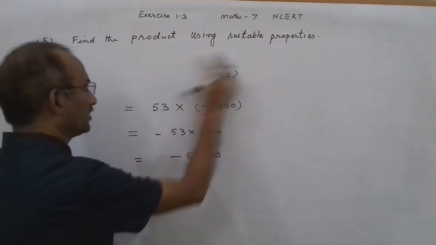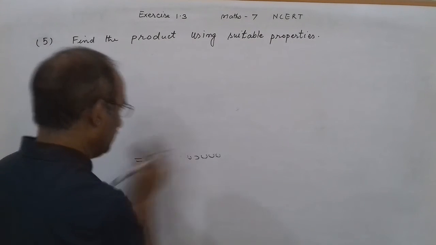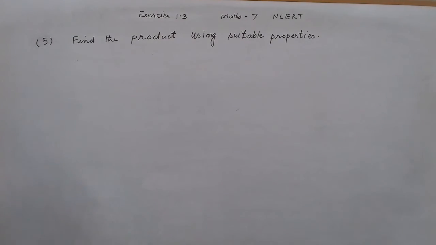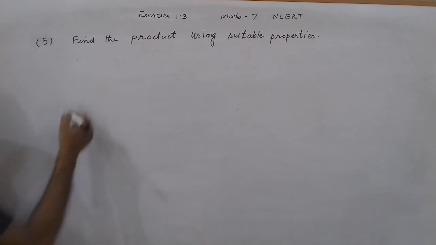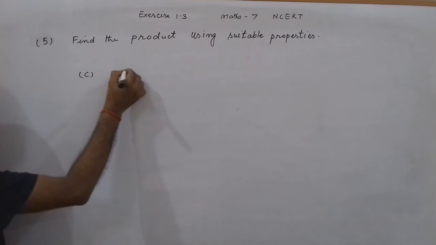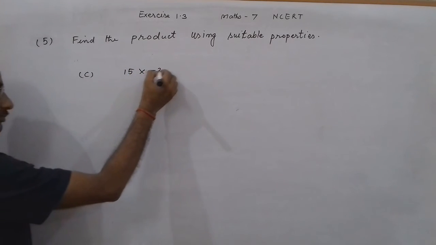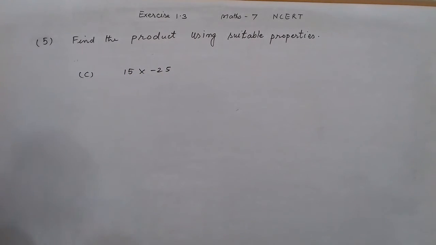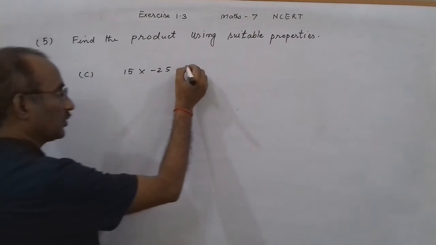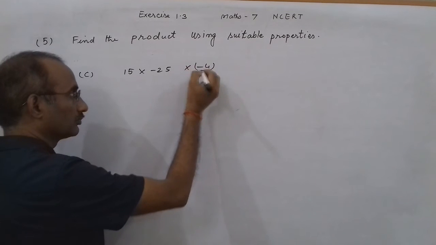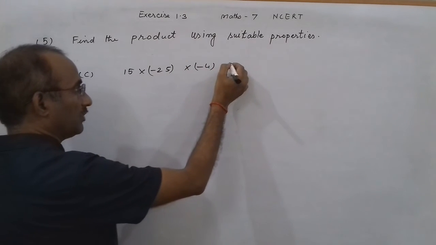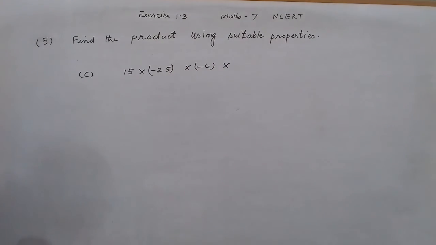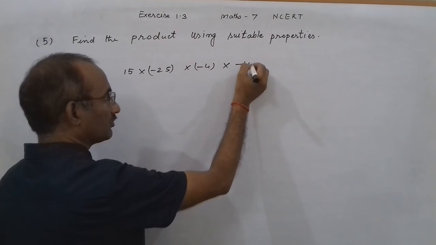Now let's see question C. Here we have 15 into minus 25 multiplied with minus 4 and multiplied with minus 10.